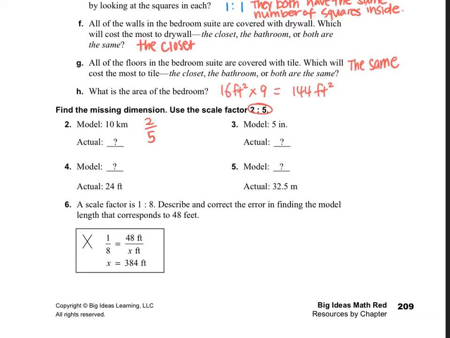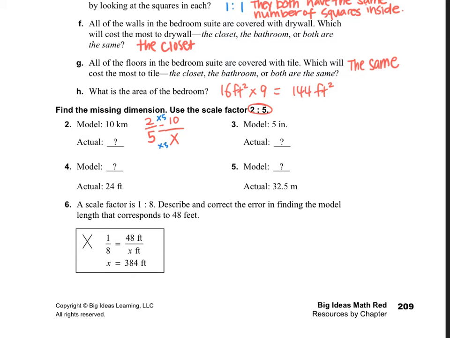If my model is 10, I don't know what my actual is. So you can either use cross multiplying and then you divide it by the number, or you can simply say, hey, what should I multiply from 2 to make it into 10? In this case, we can say that 2 times 5 is 10.